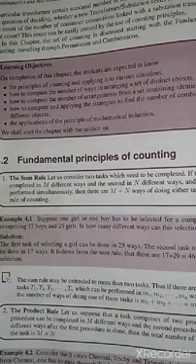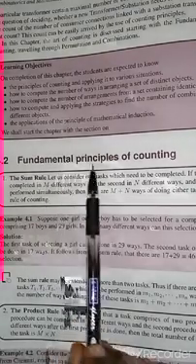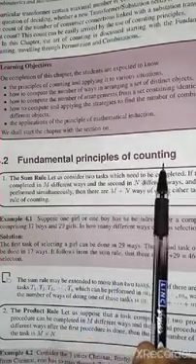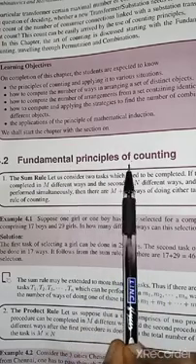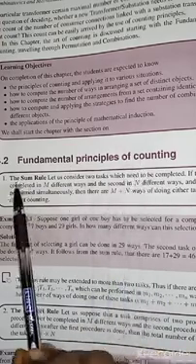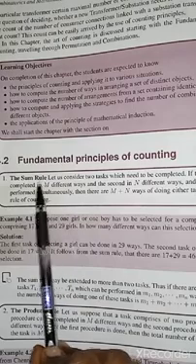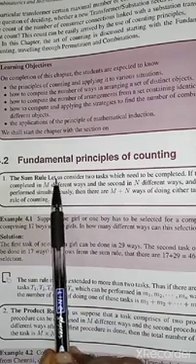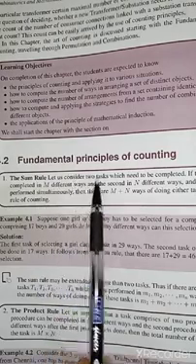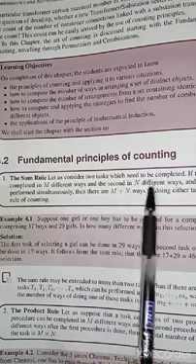The first topic we are going to see is the fundamental principles of counting, that is, what are the principles for counting. The first one is the sum rule. What is the sum rule? Let us consider two tasks which need to be completed.